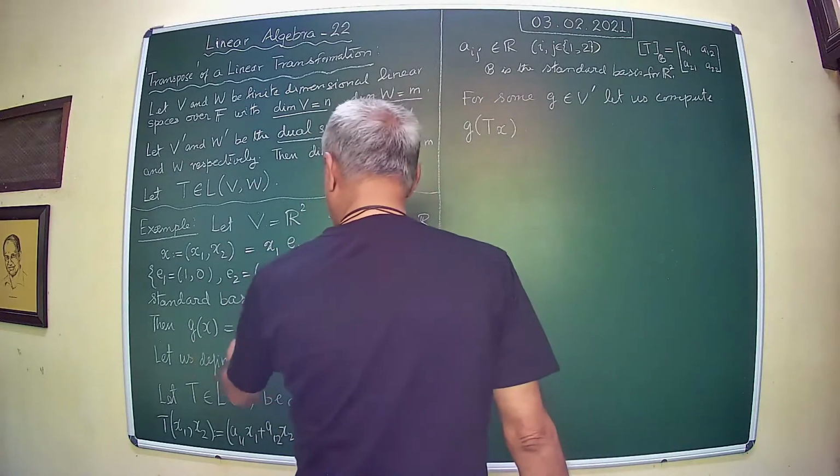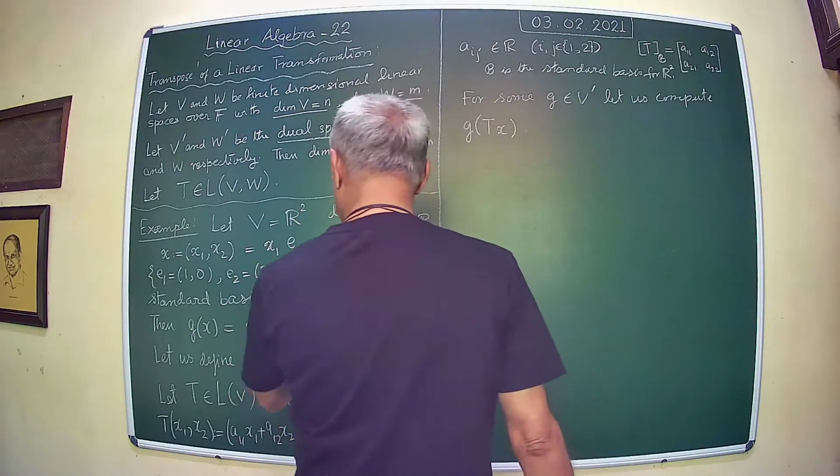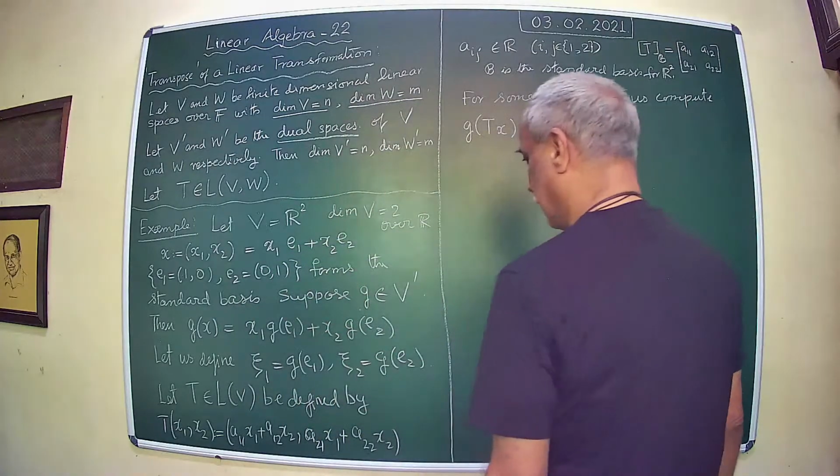Therefore, G operation is essentially multiplying by psi 1 and psi 2 the components and adding.